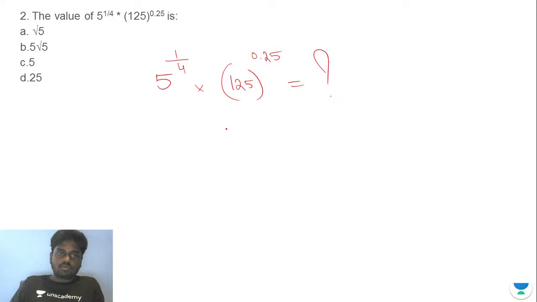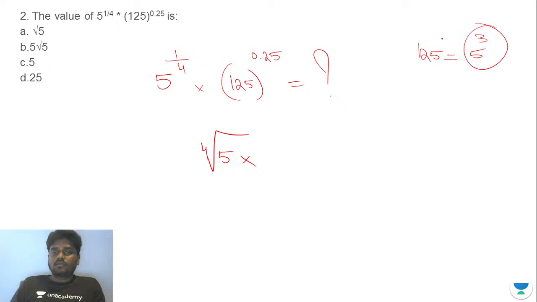5 power 1 by 4 is nothing but the 4th root of 5, into this 125. Listen carefully. 125, I can write this as 5 power 3. 5 power 3 will give me 125, right? And also this 0.25, I can write this as 25 by 100, which is nothing but 1 by 4, right?